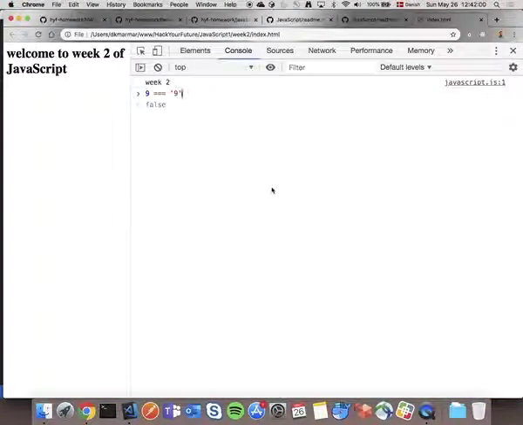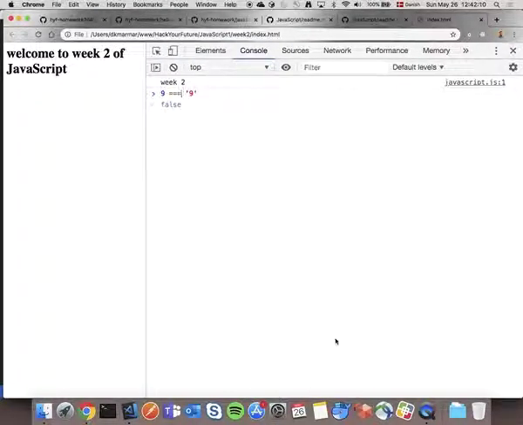This one not only compares if the value is equal, but also compares the type of both variables. So this one is a number, this one is a string, so that it is false.